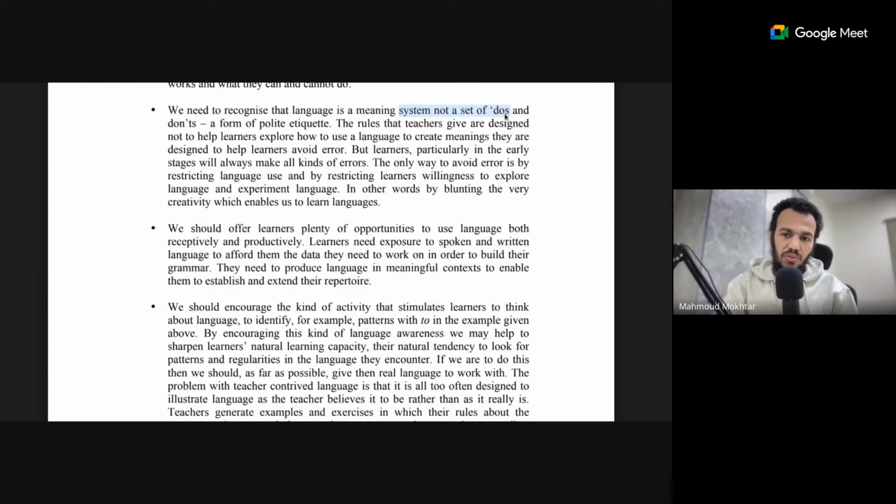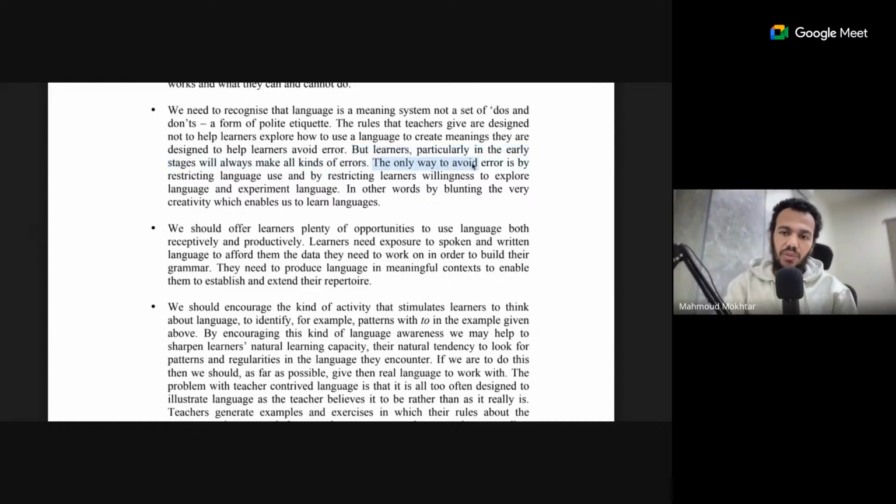not a set of do's and don'ts, a form of polite etiquette. The rules that teachers give are designed not to help learners explore how to use a language to create meanings. They are designed to help learners avoid error. But learners, particularly in the early stages, will always make all kinds of errors.